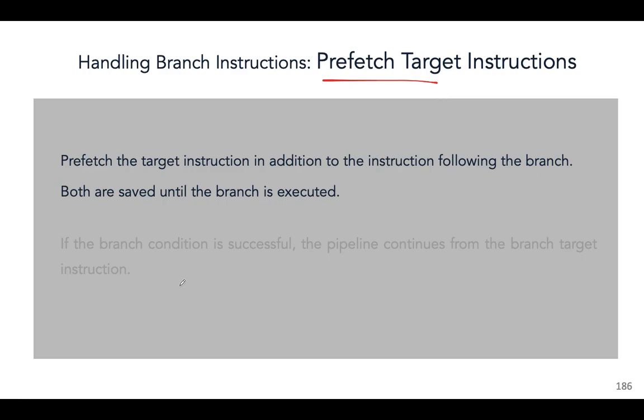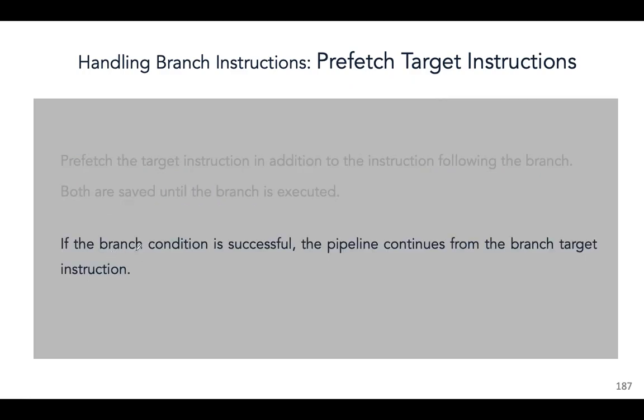Then if the branch condition is successful, the pipeline will continue from the branch target instruction, and if the branch condition is unsuccessful, then since you have already fetched the next instruction, the next instruction will be executed normally, right? So we fetch both instructions, the one following the branch and the actual target instruction. If the branch is successful, then the target is executed, otherwise the next instruction line is executed.